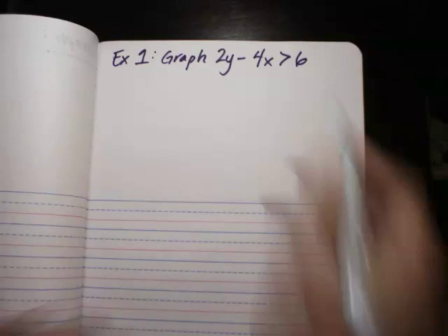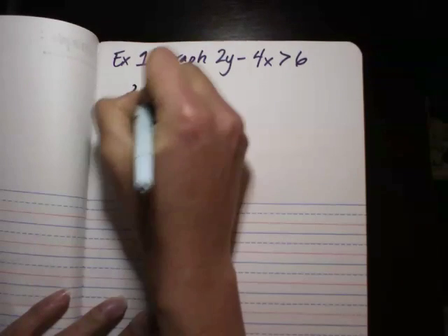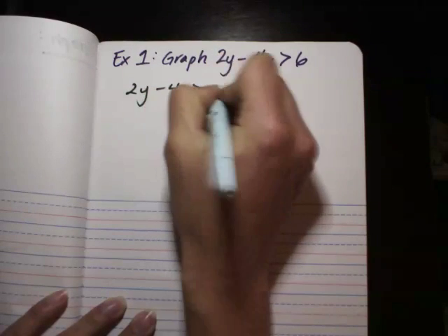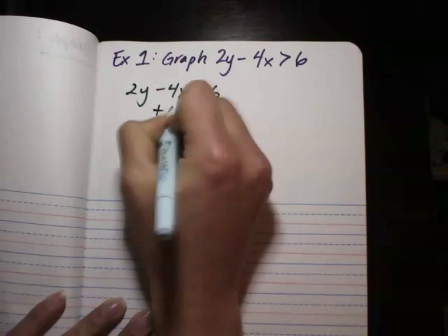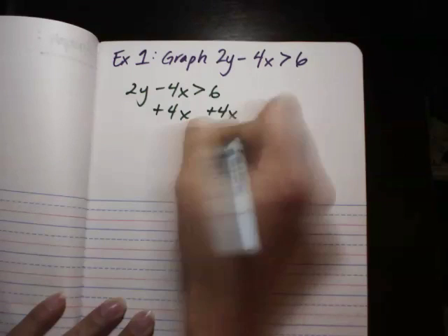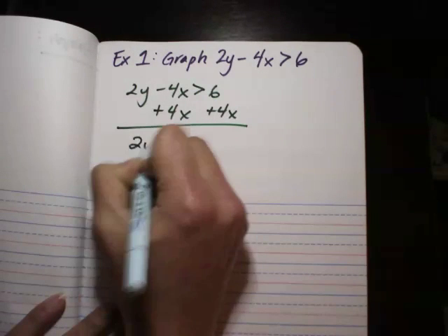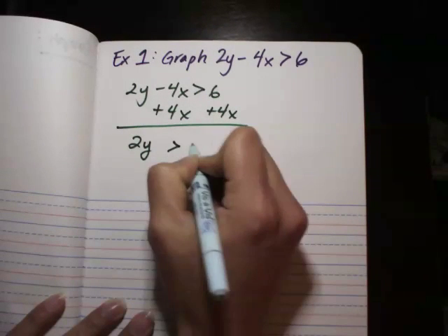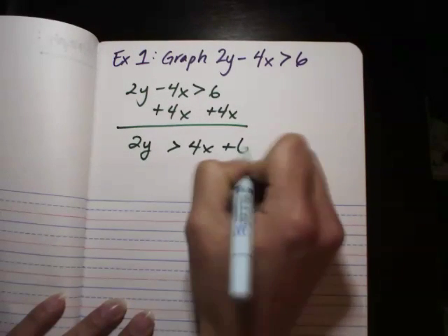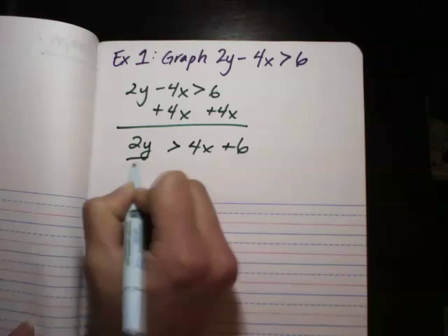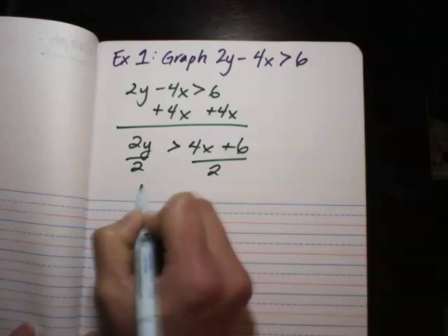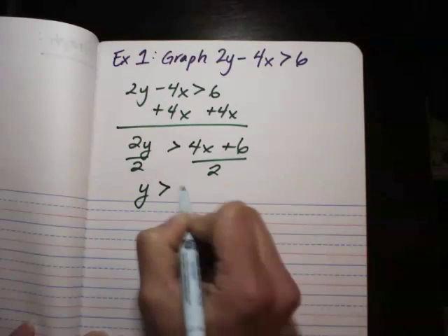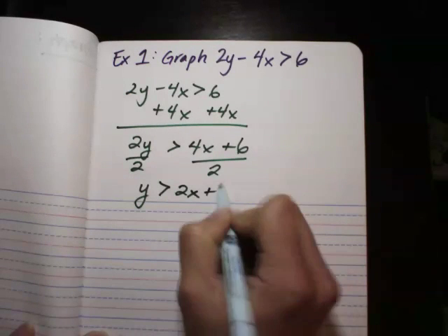First thing I'm going to do, 2y minus 4x is greater than 6. Let's add 4x on both sides. 2y is greater than 4x plus 6. I'm going to divide by 2. y will be greater than 2x plus 3.